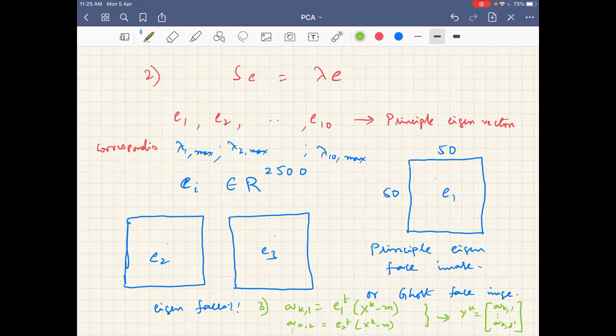Is this clear or not? So what is this doing? This is an efficient feature extraction. Is this clear?